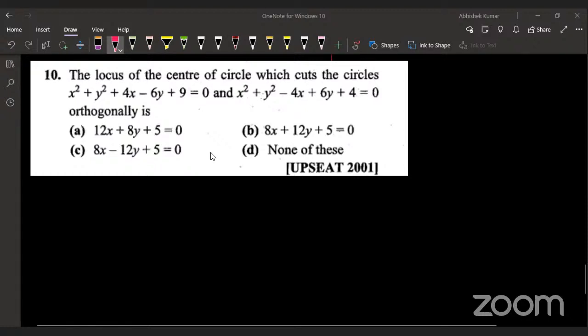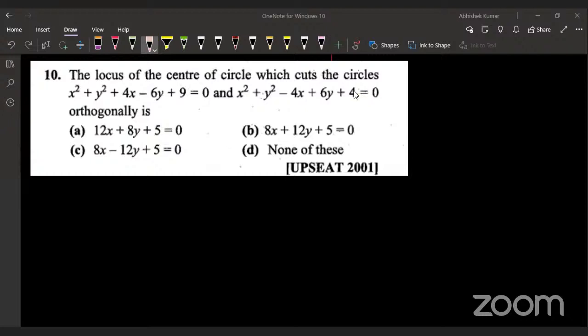Anyone else, or shall we discuss? So check out the locus of center of a circle which cuts this circle, Anvisha.